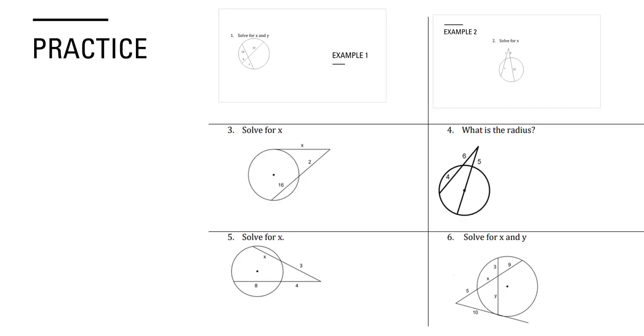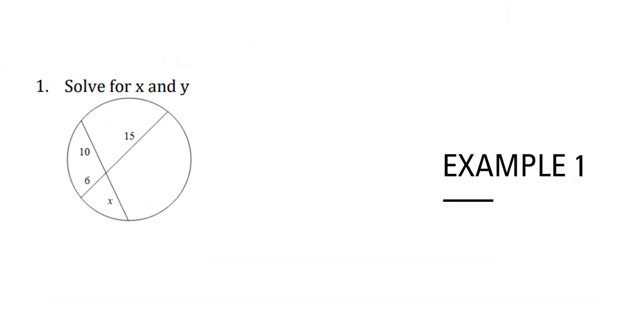Okay, in class I walked through example 1 and example 2, and then students worked on 3, 4, 5, and 6. So I'll walk through example 1 here. For example 1, I have 2 chords because their endpoints are on the circle and on the circumference, and so I'm going to use the chord equation. So I'm going to do part times part equals part times part.